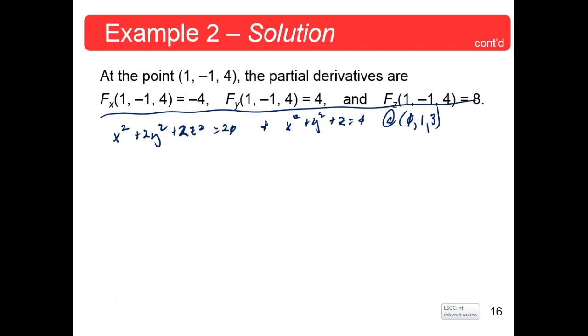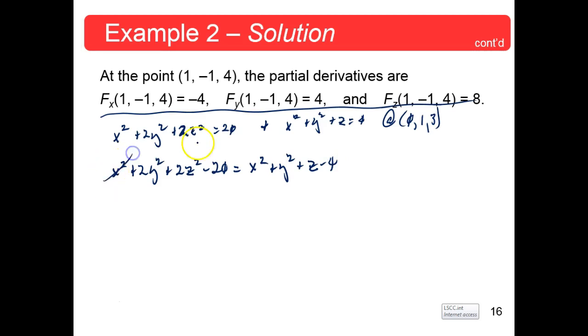We know the point where we want that. What that means is these two surfaces have to be equal to each other there. So what we have to do is write these like this: x squared plus 2y squared plus 2z squared minus 20 is equal to x squared plus y squared plus z minus 4. That means these two have to have points in common.